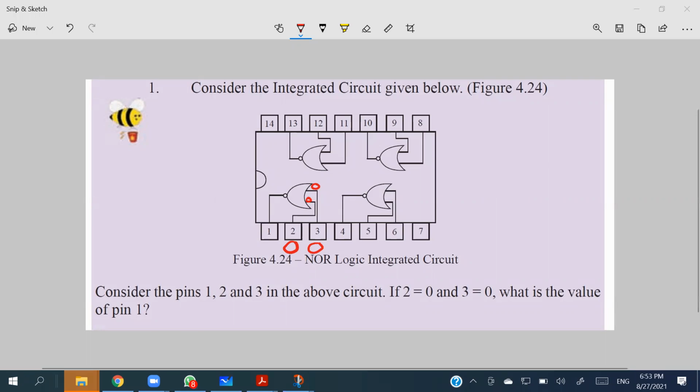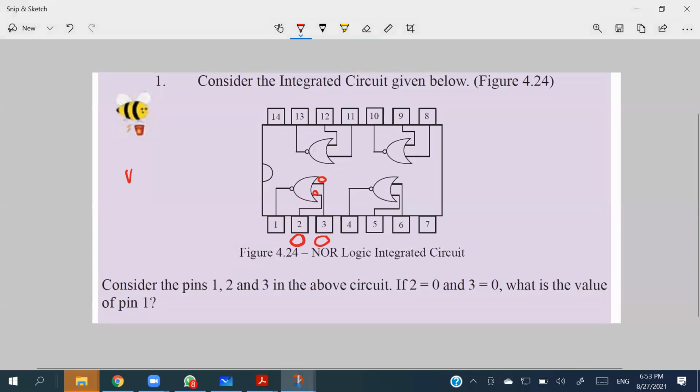So if pin 2 is given a 0 and pin 3 is given a 0, that means this NOR gate is going to receive 0 and 0 as its inputs. Now, what is the NOR gate operation here? When A and B are given, it will add A and B together, then it will complement. That is how the NOR gate works.